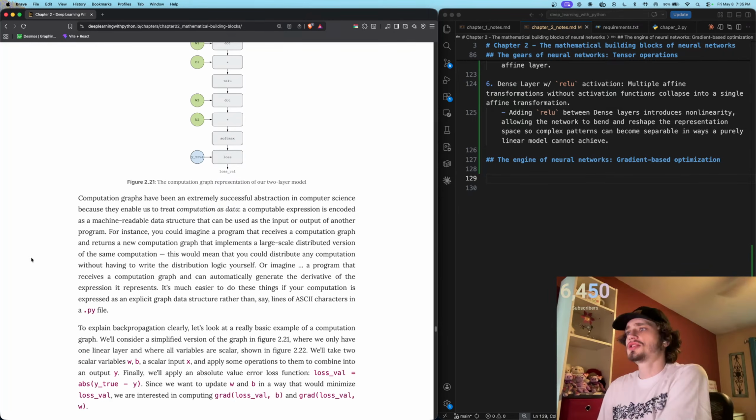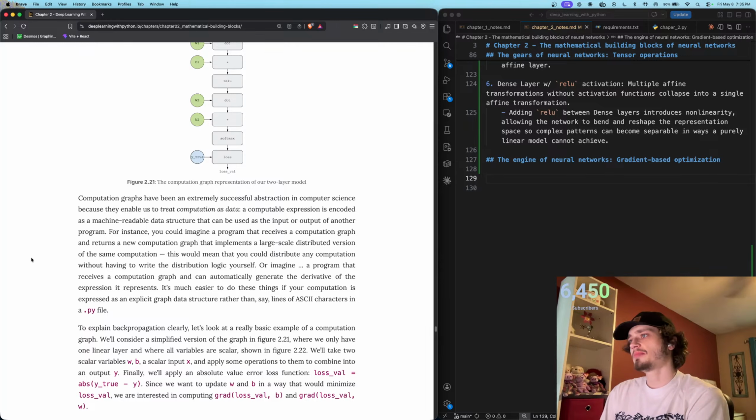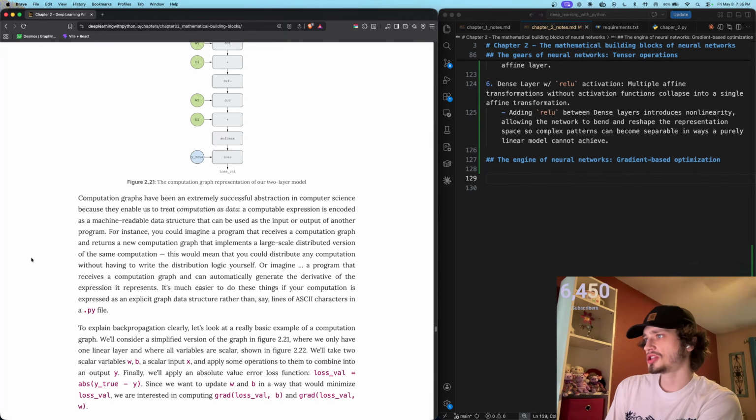Computation graphs have been an extremely successful abstraction in computer science because they enable us to treat computation as data: a computable expression encoded as a machine-readable data structure that can be used as the input or output of another program.